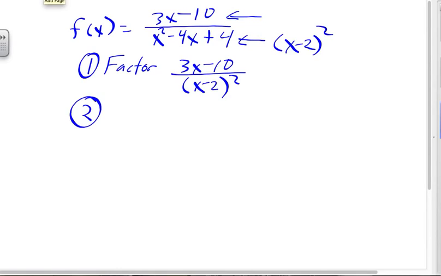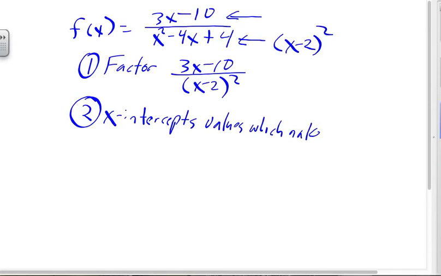So next we need to find our x-intercepts, which are values which make the numerator equal to 0. We don't want to set the denominator equal to 0. That's a vertical asymptote.